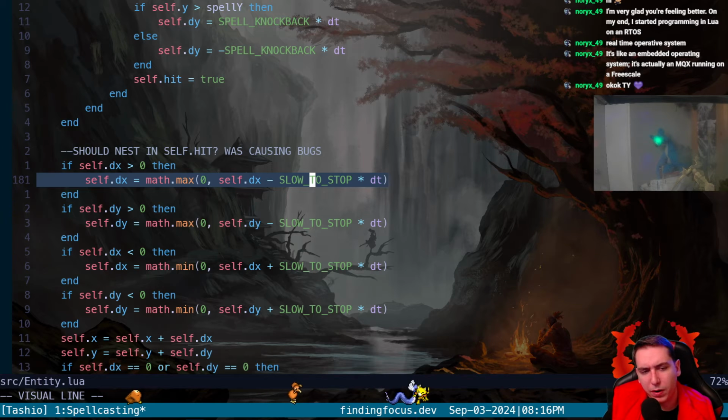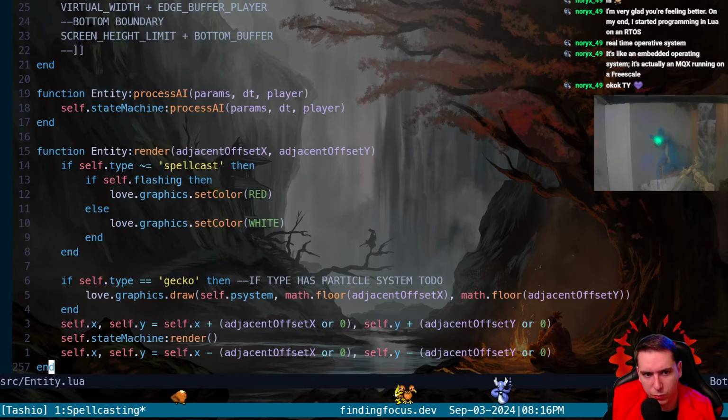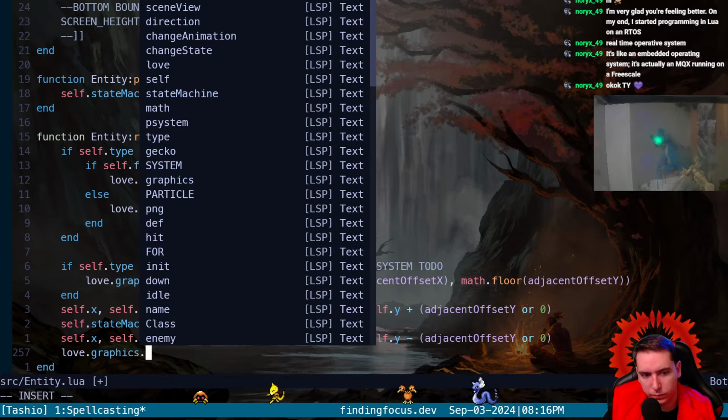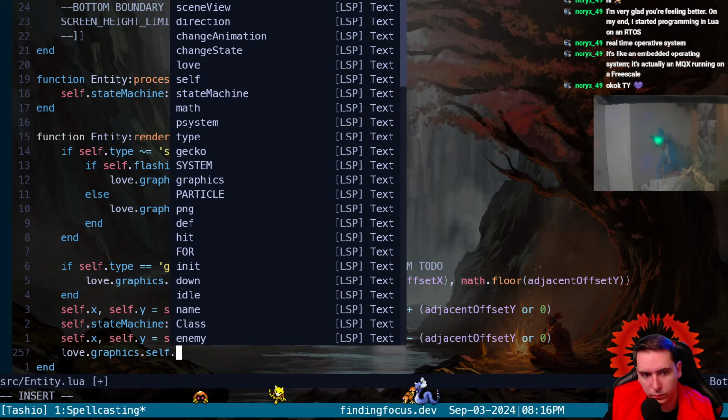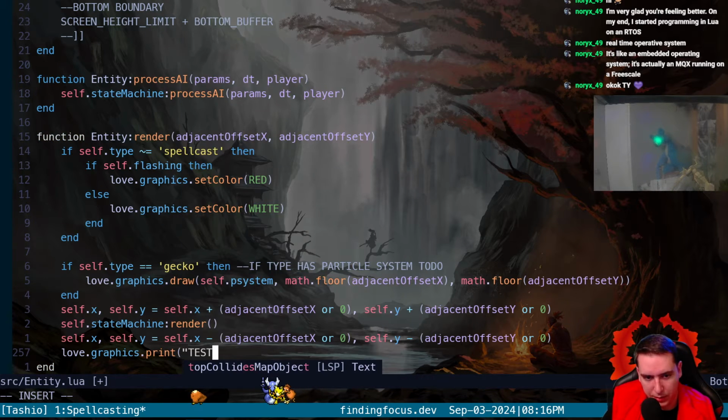Let's print out our character's DX and DY, because I think something is going wrong there. Let's do print. This is just going to be test.